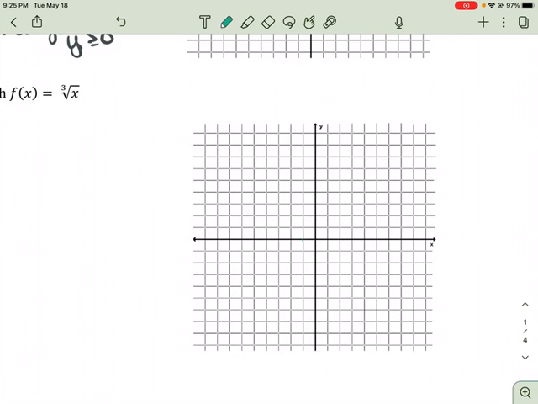This time, let's go with mint. So we plot (-8, -2), (-1, -1), (0, 0), (1, 1), and 8 is over here, at y equals 2. Okay, and it looks like a little curve, like that.